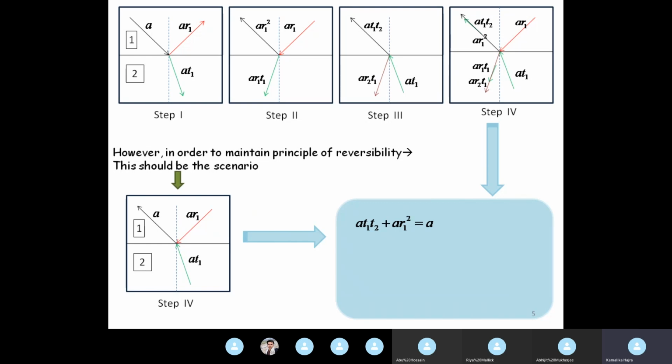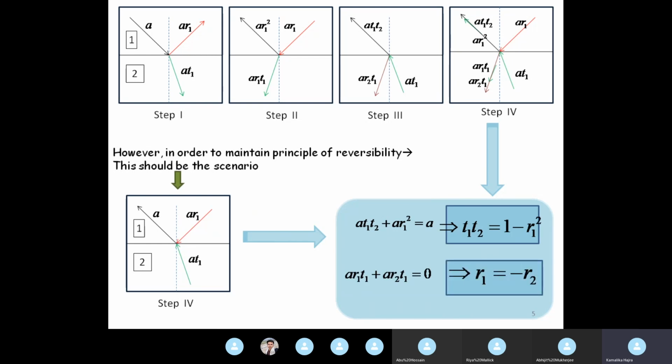And that gives us a relation between the transmission and reflection coefficients. The first relation is T1 T2 equal to 1 minus R1 squared. The second relation is R1 equal to minus R2. This is the relation that will give us Stokes' law.